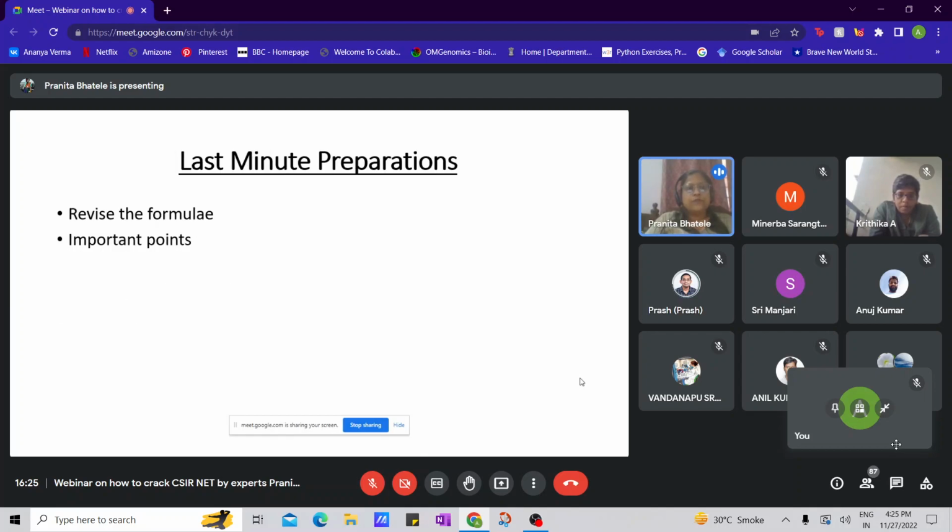So I told you about the last minute. What you must do is keep the last 2 to 3 days, close all your books. Even if you're traveling somewhere, we used to go to Bhopal or Nagpur for the center, and when I was traveling, I didn't carry any books, only one register or some pages where I had written important points, notes, and formulas.